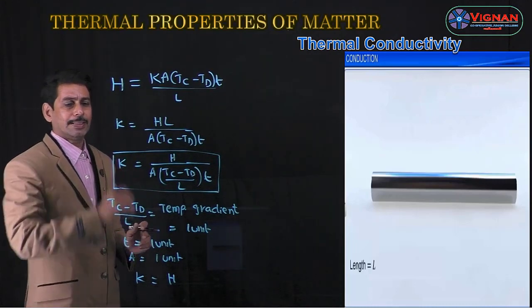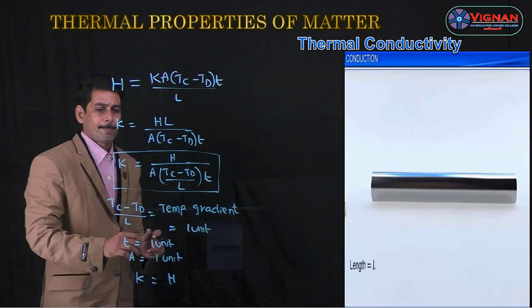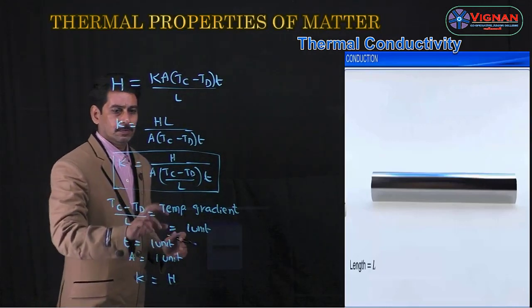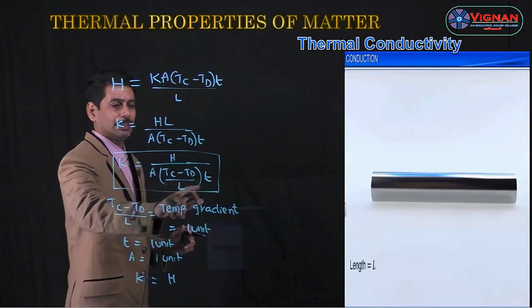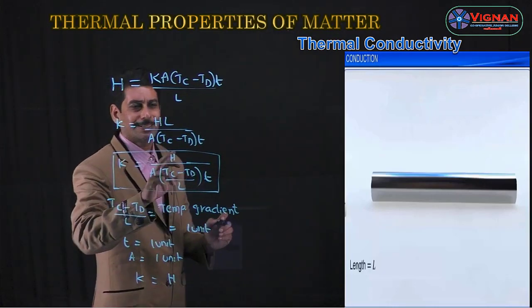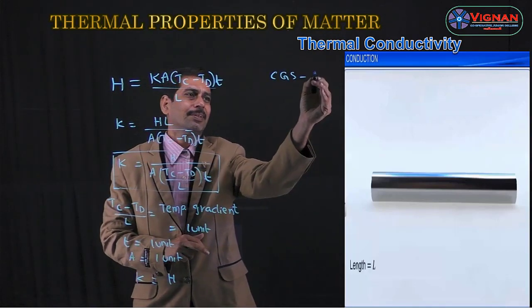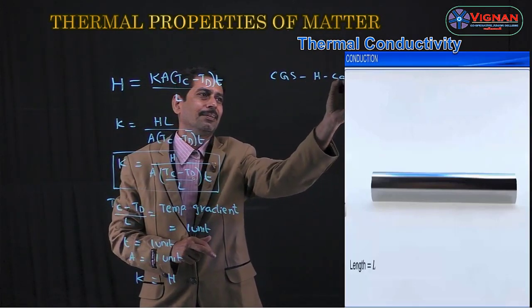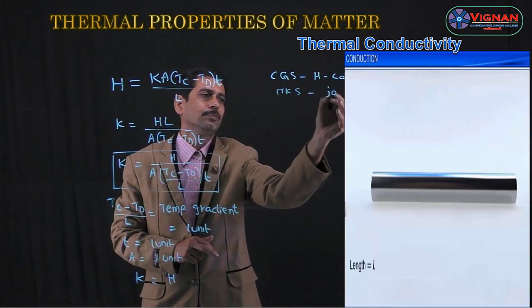Now we can write the units as well as the dimension formula for K. This is the formula for K: H by A, temperature gradient, into T. For heat energy, the CGS unit is calorie and the MKS unit is joule.